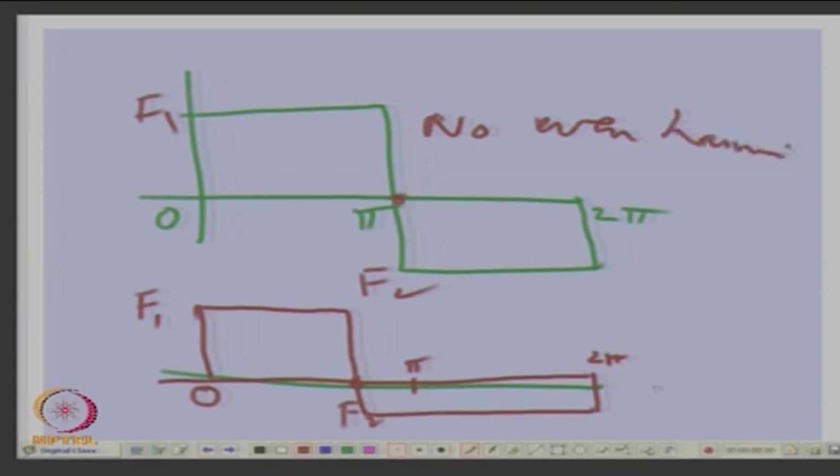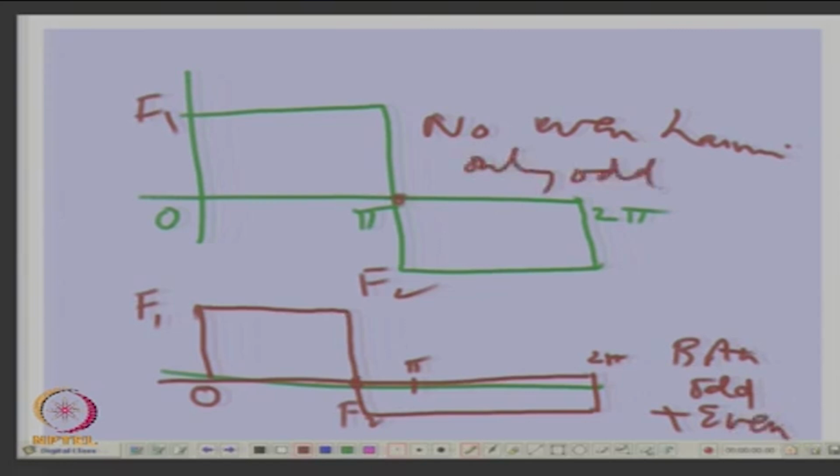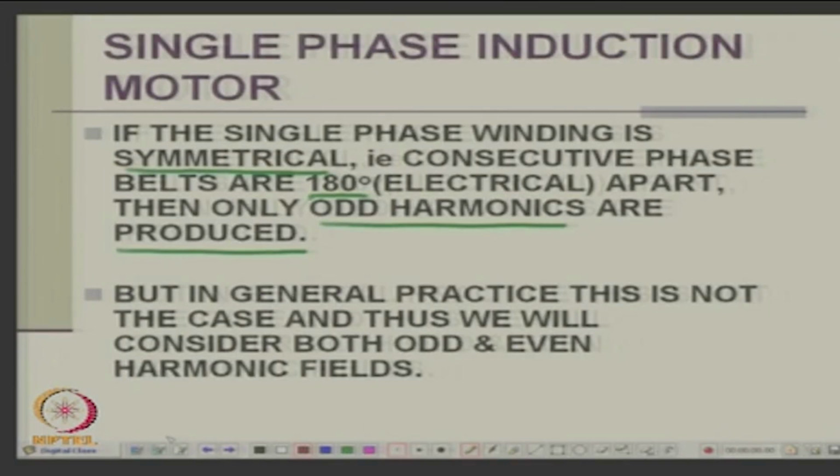Here it will have both odd and even. Here only odd, so 1, 3, 5 will be there because of symmetry. Okay. So, as a general practice we can consider both odd and even harmonic fields. Let us consider this.